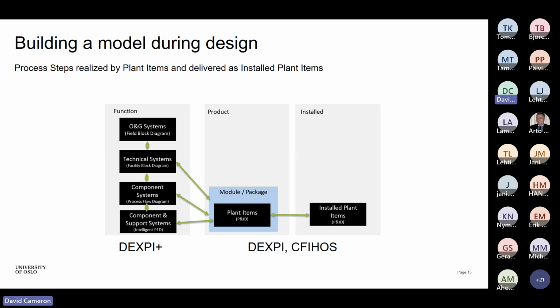Now, DXB Plus for process engineering covers this functional model. DEXB and THFOS and 15926 Part 2, and my understanding of most of Part 11, covers the product and installed aspect of a model during design.